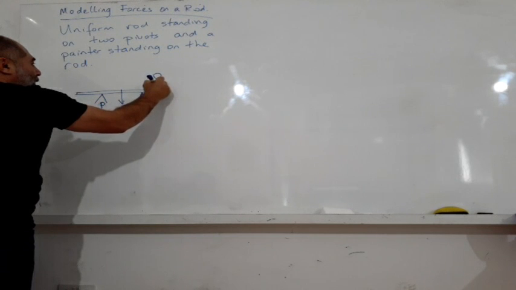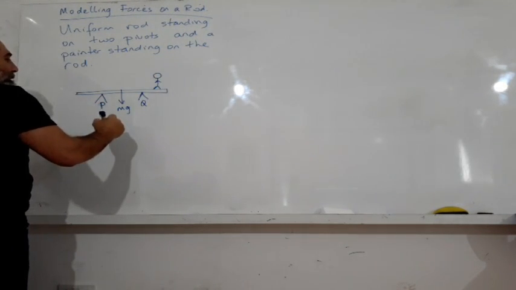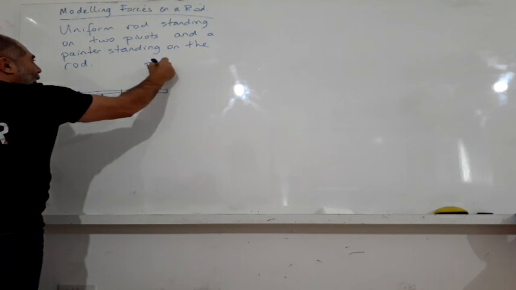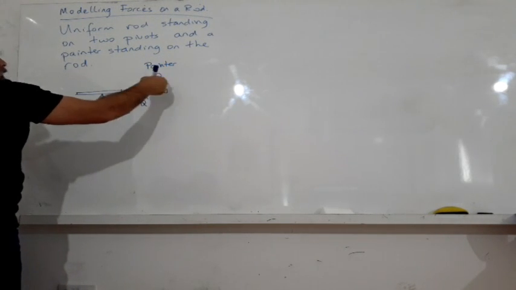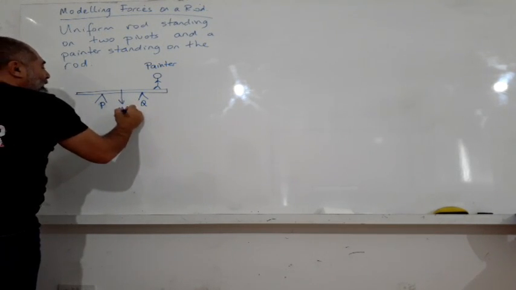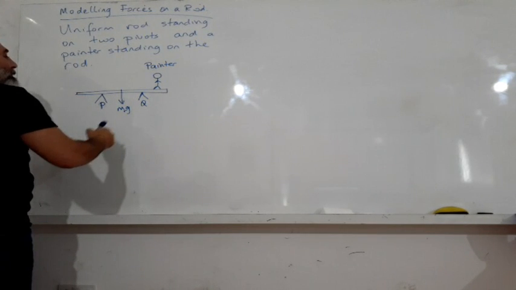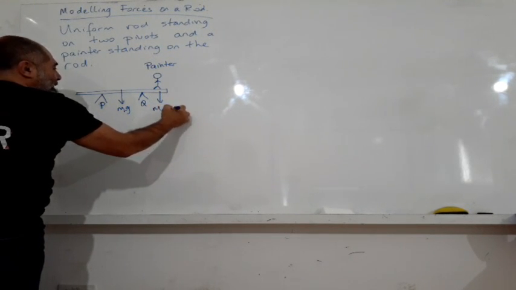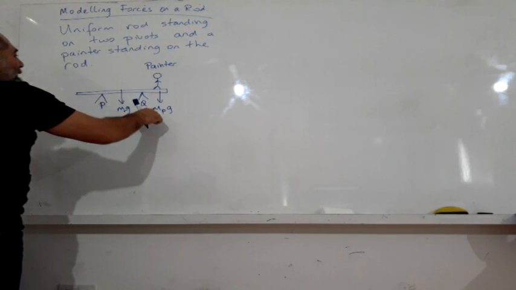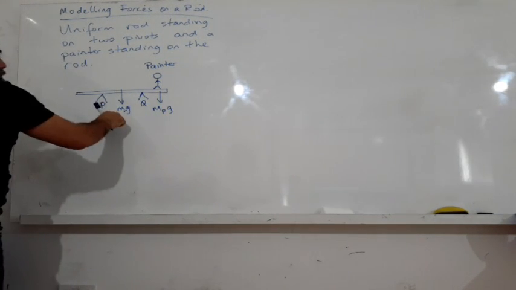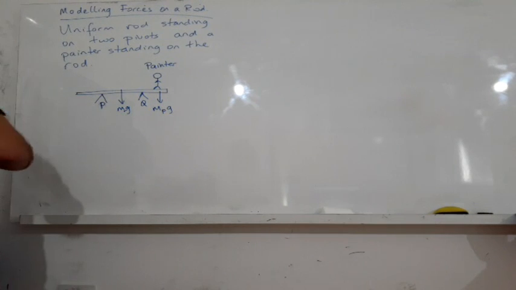Okay, this is our famous painter moving along the rod. Also, this is the mass of rod. This is the weight of the painter and its weight here. Mass of the painter is mp, mass of the rod is m rod. Okay, let's study the forces on this rod.